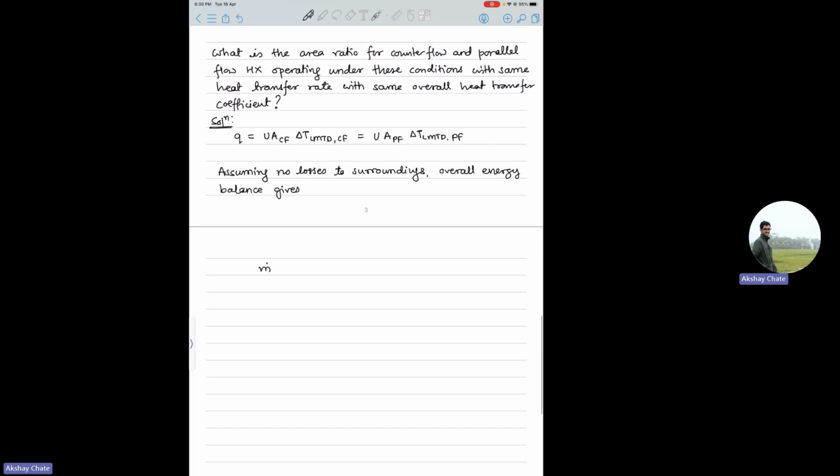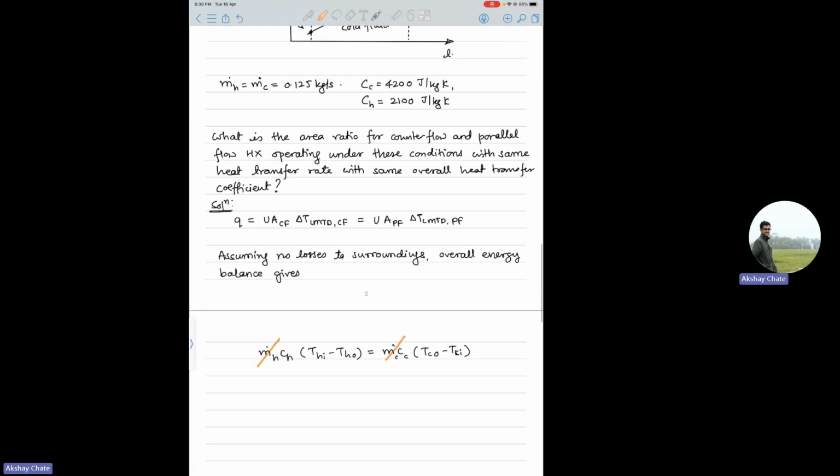Whatever heat is lost by the hot fluid, which will be Thi minus Tho, that will be equal to the heat gained by the cold fluid, right? This is your overall energy balance. Here all the quantities are known, and the mass flow rates are the same, so m dot gets cancelled.